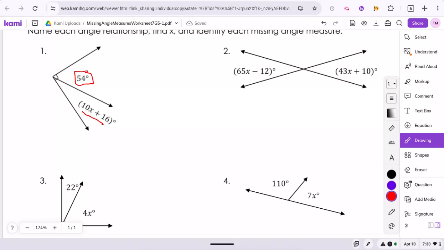So for this one, remember this is a right angle. It would equal 90 degrees. So you could write in the 10x plus 16 and also plus the 54. And that would equal 90.